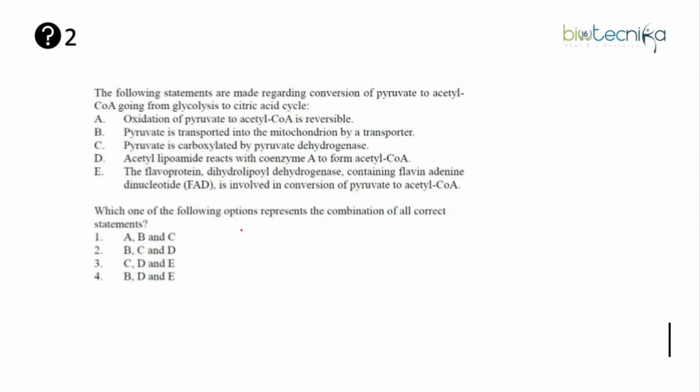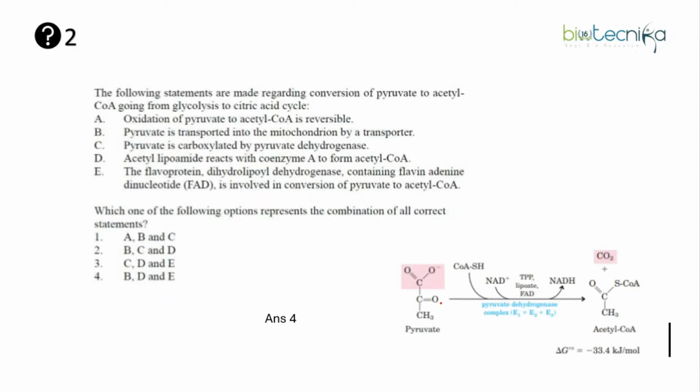Okay? So, if you see, pyruvate is oxidized to acetyl CoA and CO2. The correct answer here is option 4. The overall reaction is catalyzed by the pyruvate dehydrogenase complex, which is a cluster of enzymes, multiple copies of each of three enzymes located in the mitochondria of the eukaryotic cell, and in the cytosol of the prokaryotes.